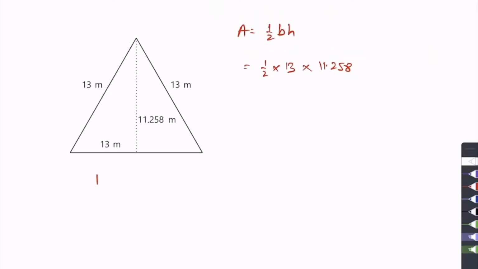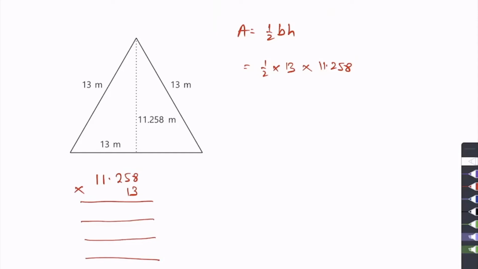So 11.258 times 13. Now, because I have 2 numbers, the 13 that I'm multiplying by, I need 2 lines of working plus my addition. Now notice that I did not write 13 on the top and 11.258 on the bottom.